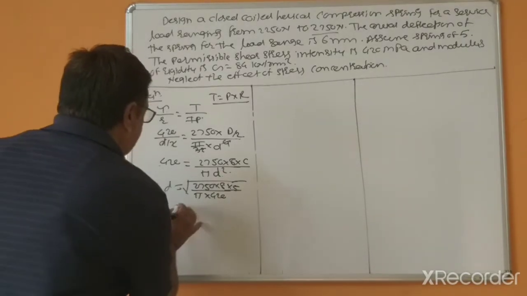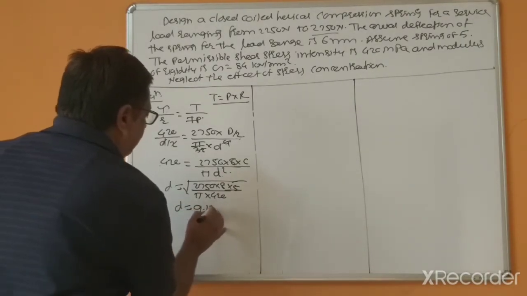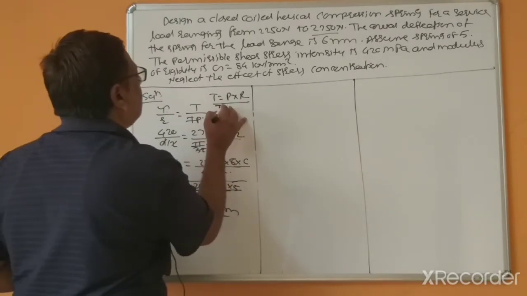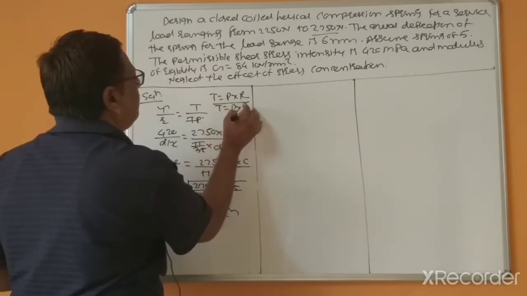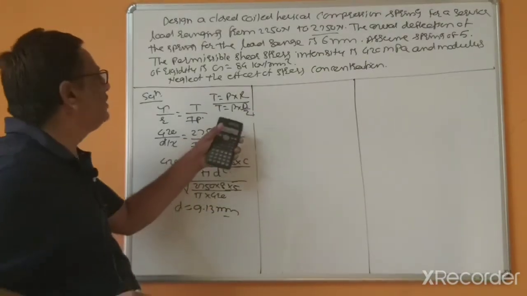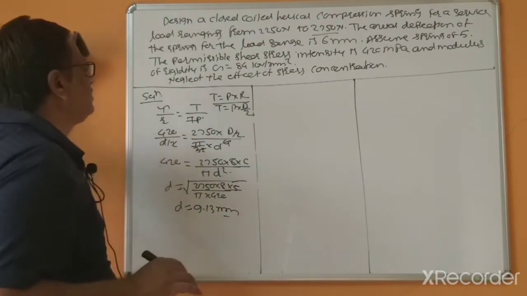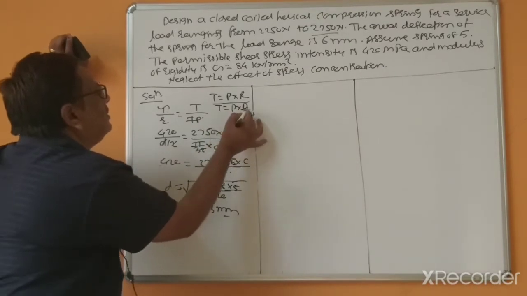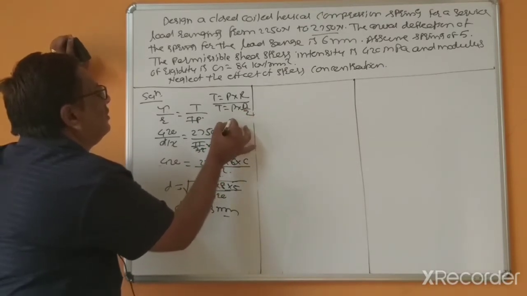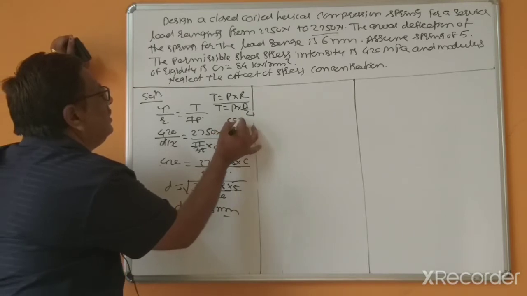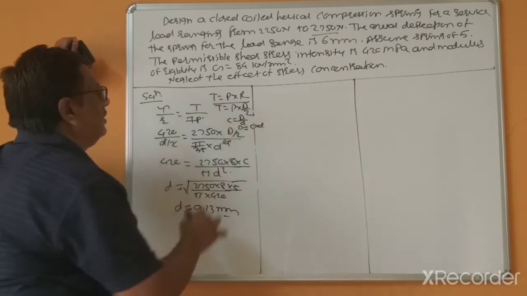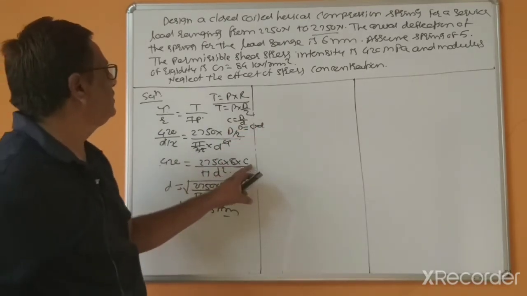This is d equal to 9.13 mm, because torque T equals P into D by 2. Since C equals capital D divided by small d, D equals C into d. That's why I multiplied by C.